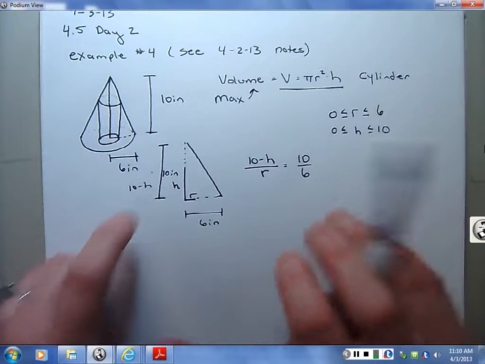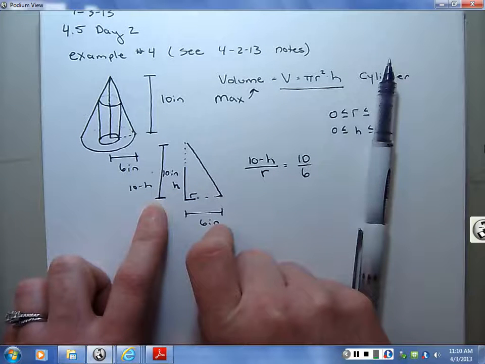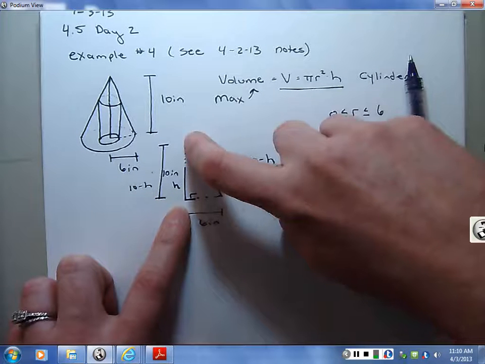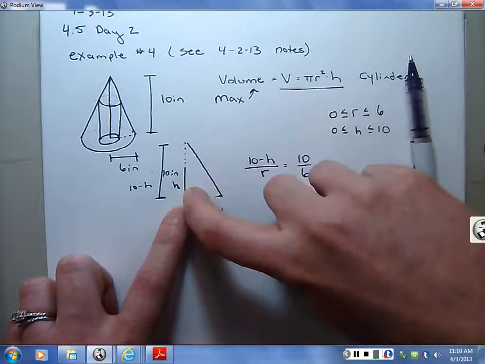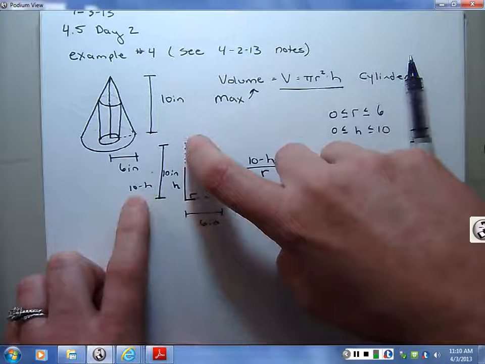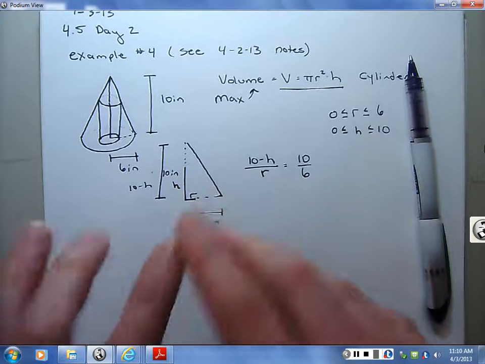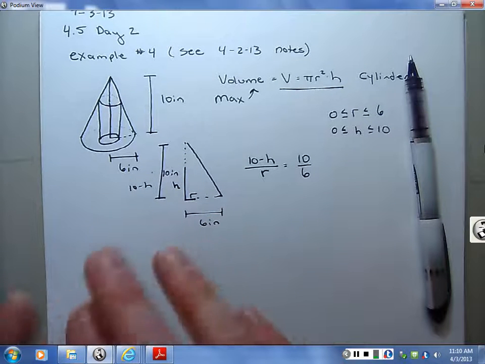Okay, so using similar triangles, I need to find a relationship between h and r. This distance here would be 10, but I need it as a function of h. I could also write it as a function of r. With similar triangles, there's multiple ways to look at it.